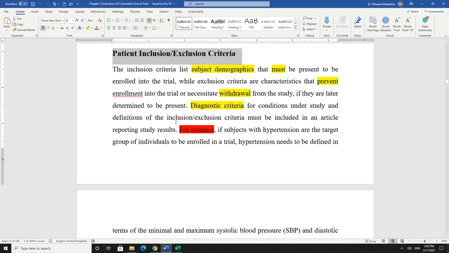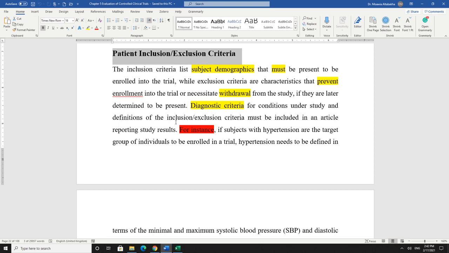Remember that the exclusion criteria will also be applied if such a criterion appears even during the study. For example, in my exclusion criteria, and this is usually the case, I will exclude women who are pregnant, lactating, or nursing. So if a woman gets pregnant during the study, then I have to withdraw her from the clinical trial.